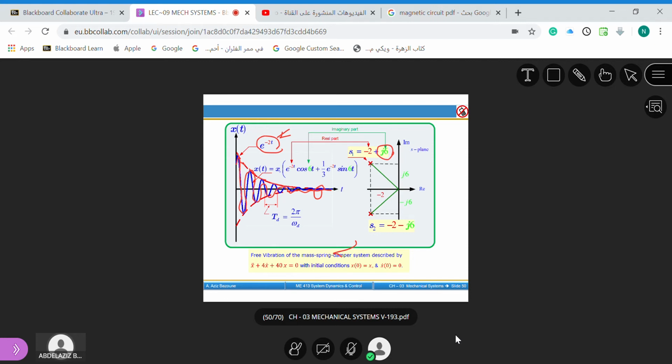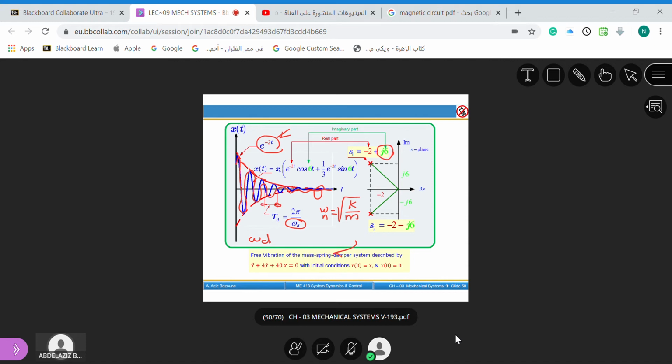And since here we have damping, omega n will always be stiffness over mass, which is K over M. This will not change. And you have another frequency, which is called the damped frequency, omega D. The time from here to here is called the damped period.